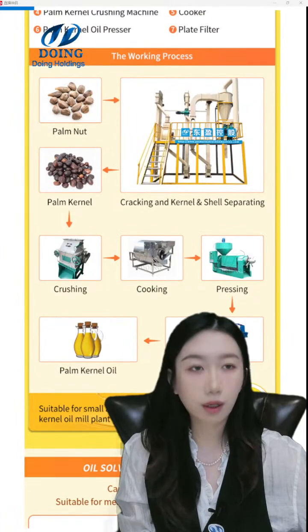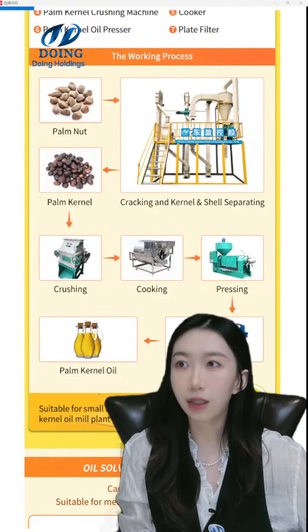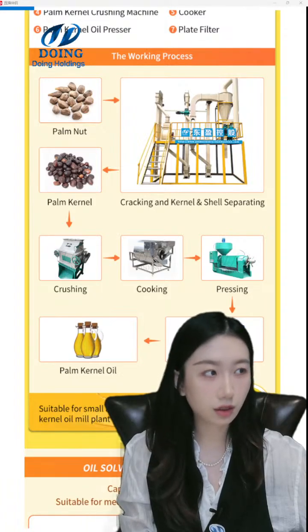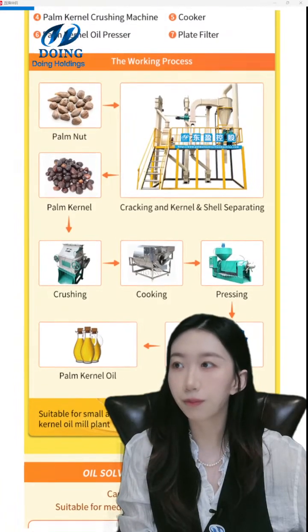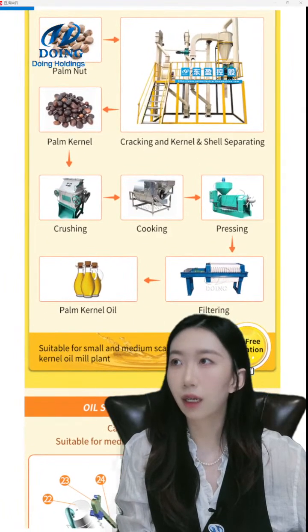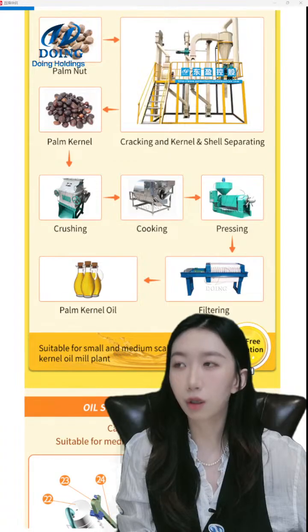We will equip the cracking and kernel or shell separator system. And after separating, we can get the palm kernel.